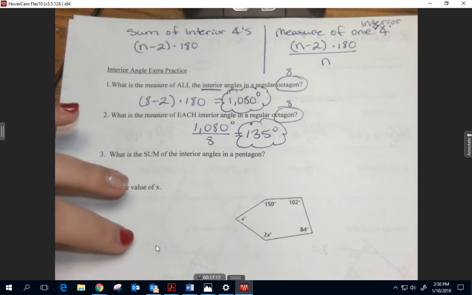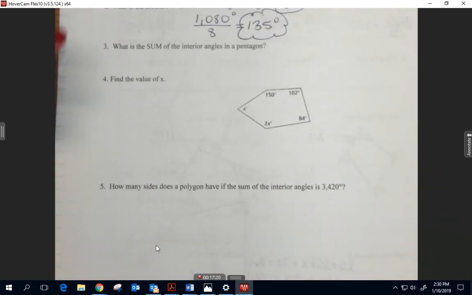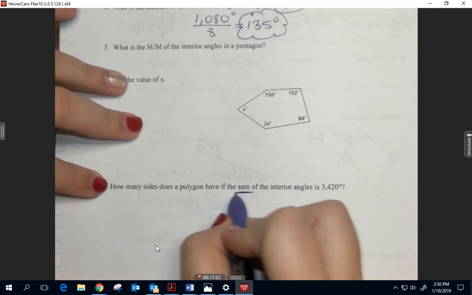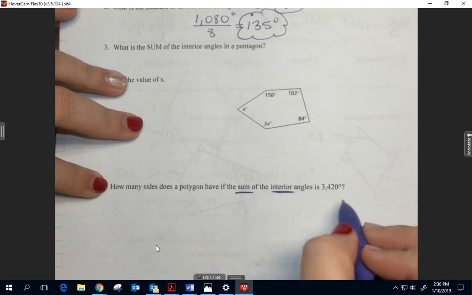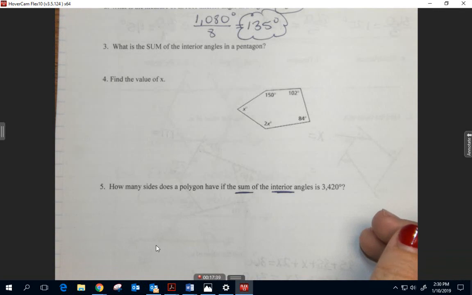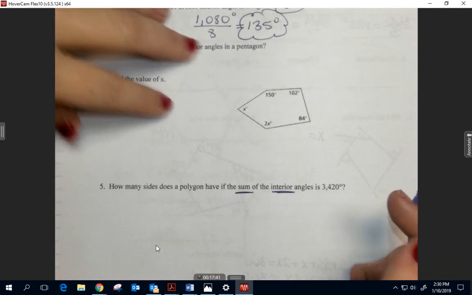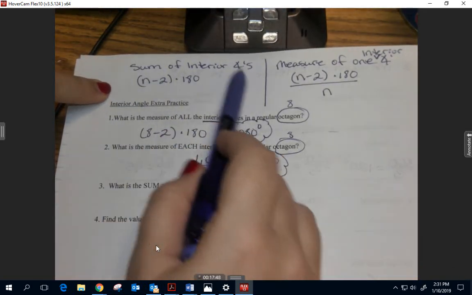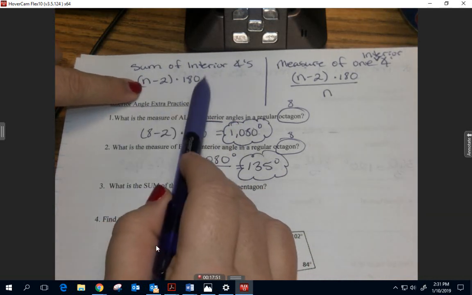And number 5, I'm going to let you know right now, there is a question like number 5 on your quiz. But I'm not going to tell you how to do it right now. This asks how many sides a polygon has if the sum of the interior angles is 3,420. Guys, I'll give you one hint. Use this equation right here, or this expression. Because what is this going to equal?